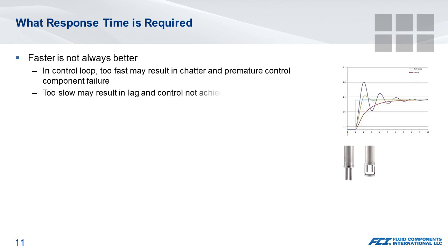We touched a little bit on this before, but if there's moisture or condensate droplets present in the flow stream, those condensate droplets hitting the sensors, particularly in a constant delta T product, can result in very erratic readings. So in that case, too fast a reading, you get erratic results.